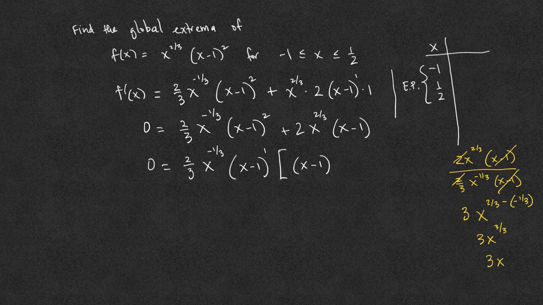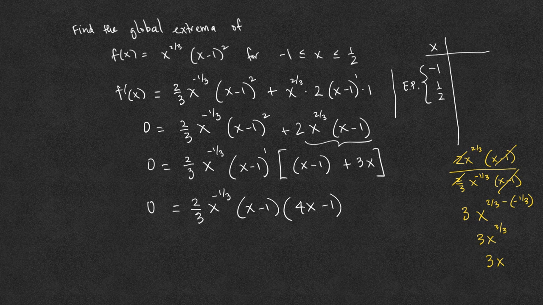And so for the second term, we would end up with 3x only. Simplifying this, we have 2/3 x to the -1/3 times x minus 1 times x plus 3x is 4x, 4x minus 1.